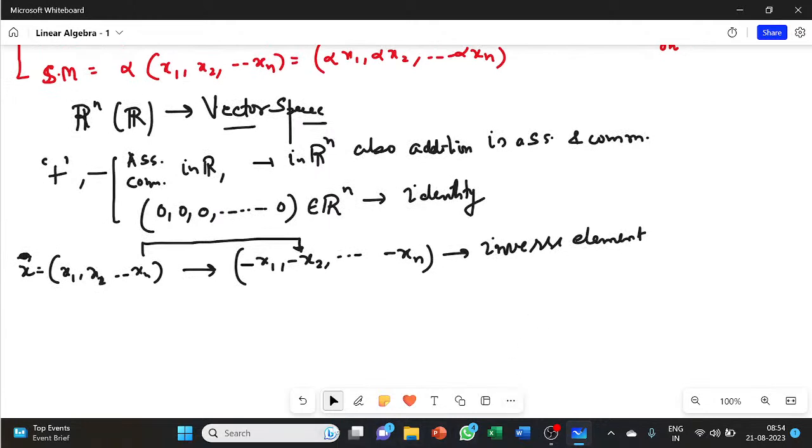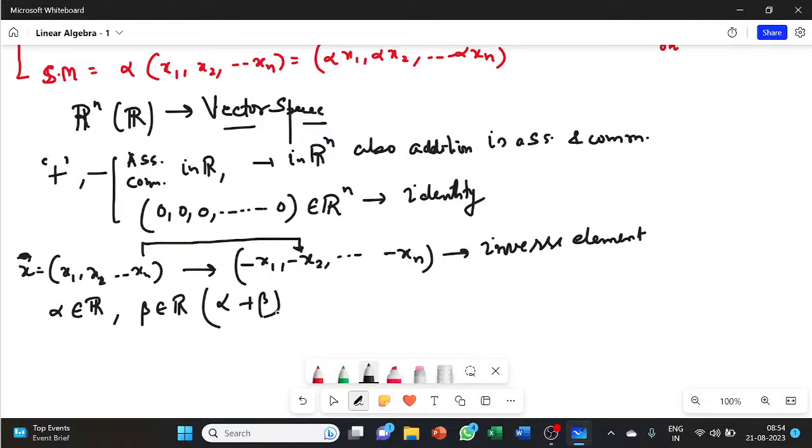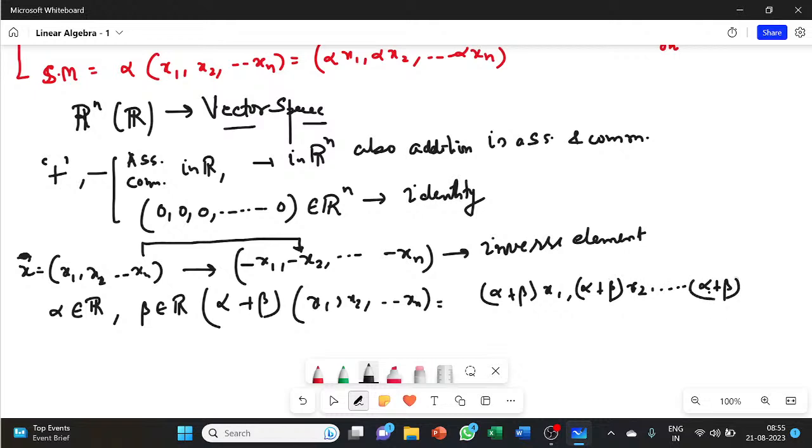Okay, and similarly, if alpha belongs to R and beta belongs to R, then clearly alpha plus beta times x, that is x1 comma x2 dash dash dash xn, you will simply get as alpha plus beta times x1, alpha plus beta times x2, dash dash dash alpha plus beta times xn.